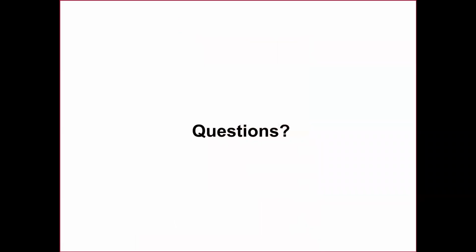So that ends the session on the overview of life cycle assessment and carbon footprinting. And I think we can have some questions if we have any.